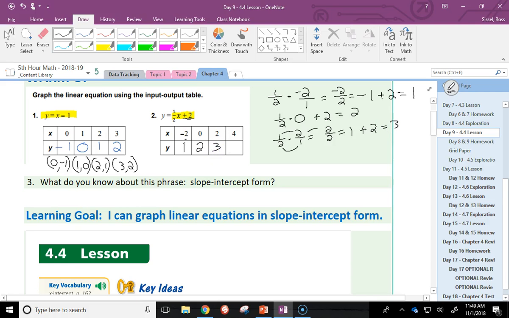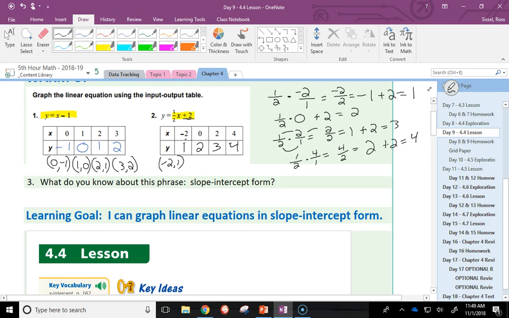And then we do the same thing with 4. A half times 4 over 1, which would give me 4 over 2. Which is equal to, good. We add our 2 and we get, once again, so Ben, what would be this coordinate then? It would be negative 2 over 1. What would be this one?